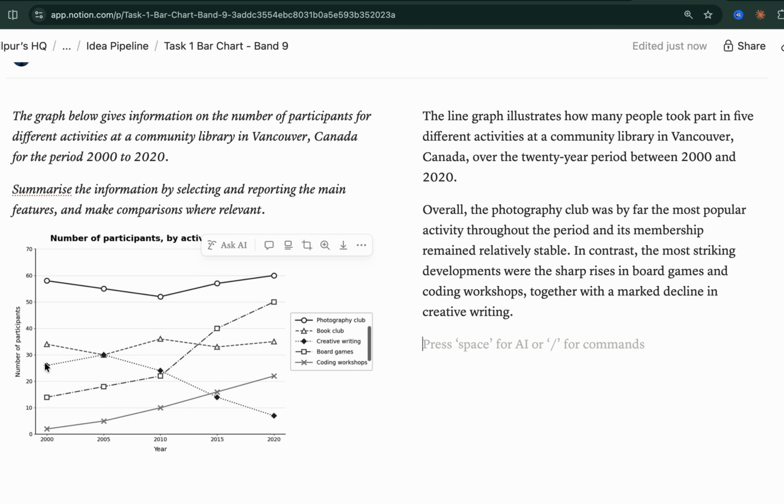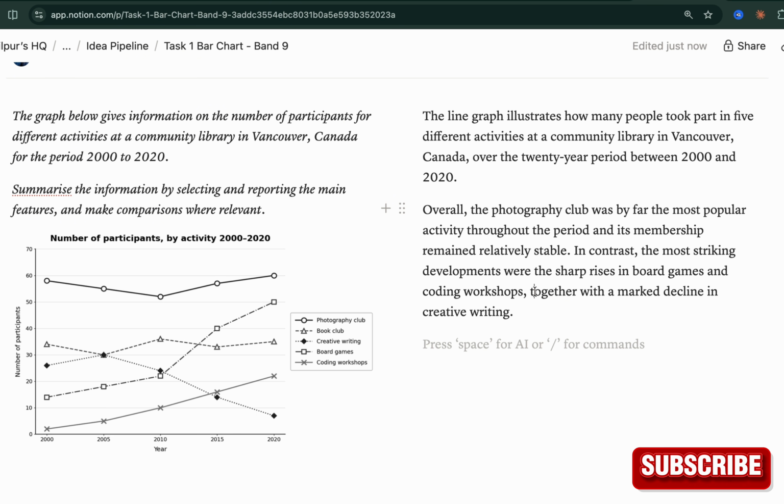So the black star has this decline. So we've got 2 increases, 2 stables, but 1 decline. And it is important to write it in my overall statement because that is going to help you with your task achievement. You need to talk about the main features, which are shown in the question prompt.